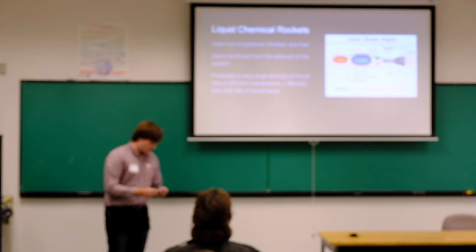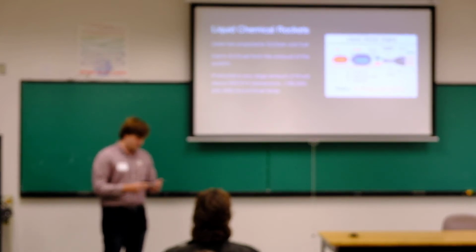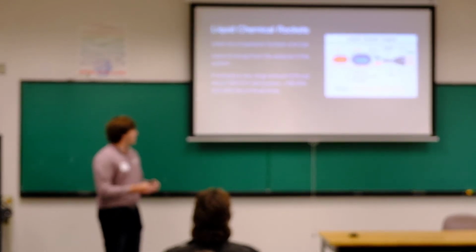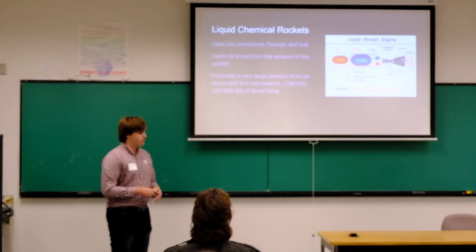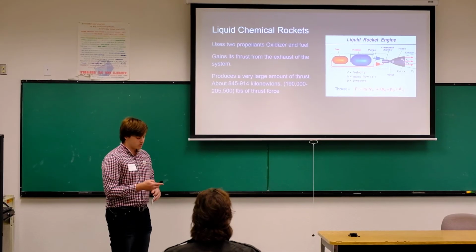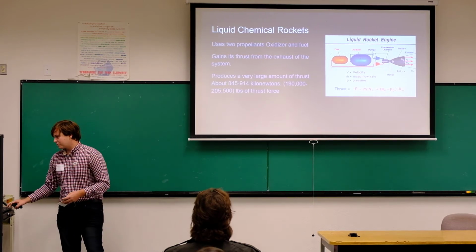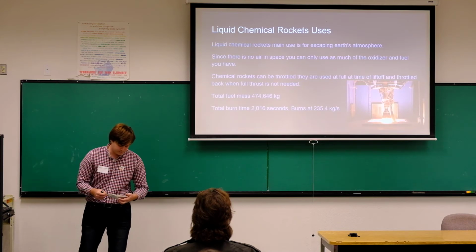They produce anywhere from 845 to 914 kilonewtons, which is 190 to 205,500 pounds of thrust. It's quite amazing, the amount of thrust achieved by these rockets. We'll talk about them just a little bit more.